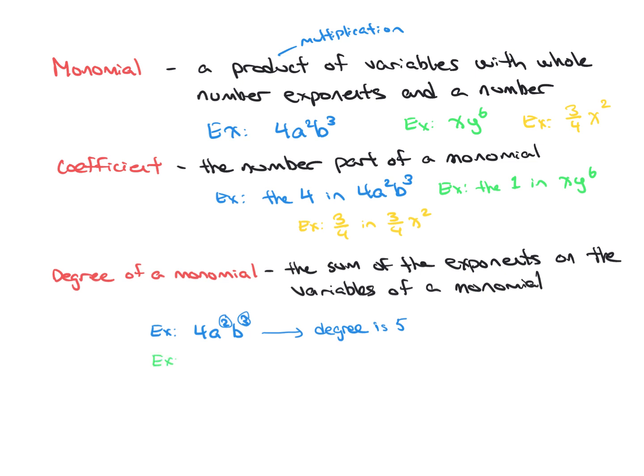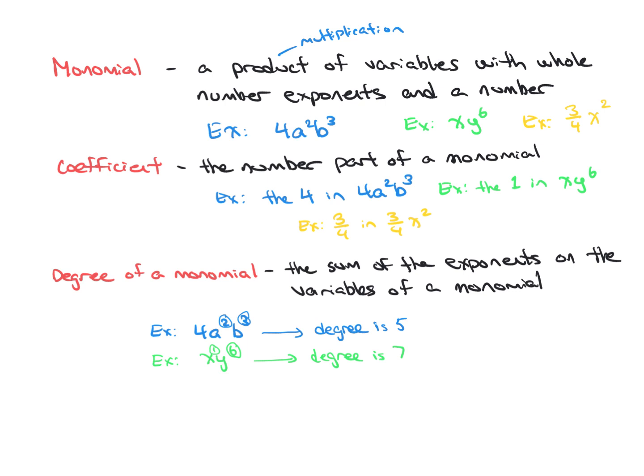So the green one is xy to the 6. In this case, we add the 6 also with the 1. Don't forget the exponent on just x is 1. So 1 plus 6 is 7, so the degree of this one is 7.